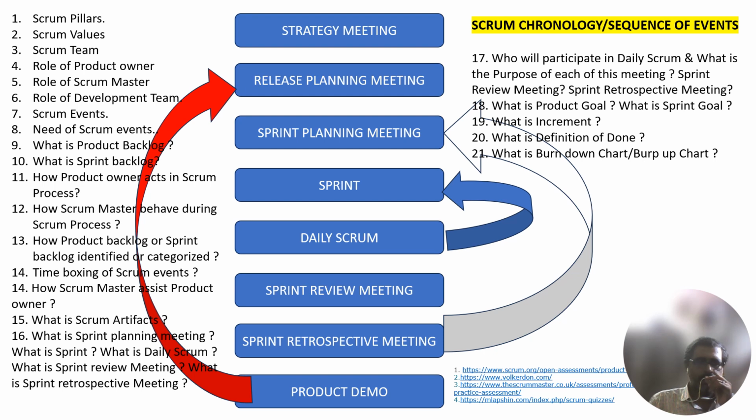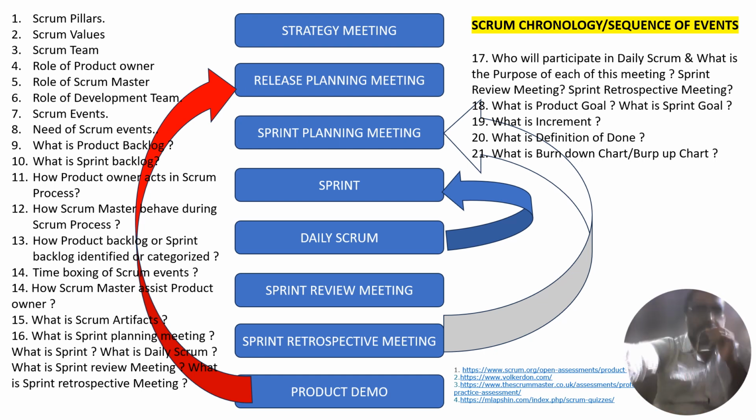Fourth one, ensuring that all Scrum events take place and are positive, productive and kept within the time box. Each Scrum event has a time box, I already told you. So they should keep within the time frame. For example, the daily Scrum should be 15 minutes long.